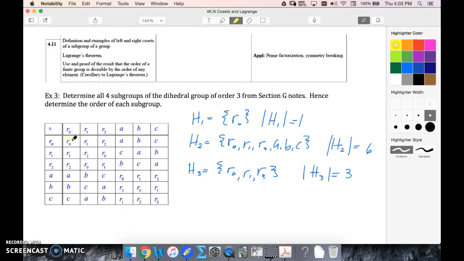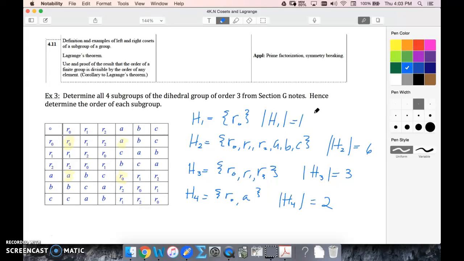R0 is going to be part of that, and A is also part of that. If I look just at R0 and A, I've got another closed group. So H4 is R0 and A, and the order of H4 is 2.